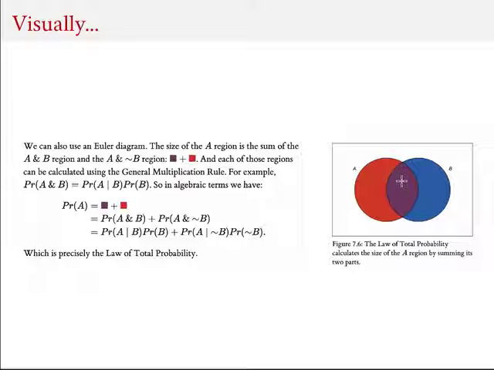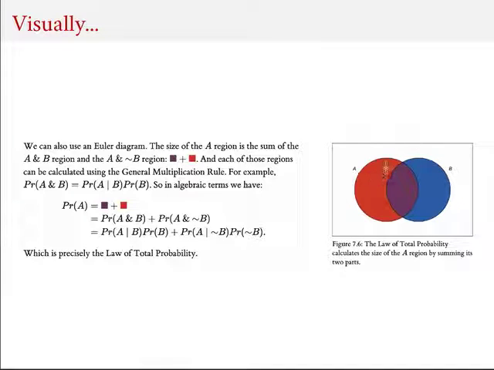So you can think of the purple region as the amount of B that A takes up, and you can think of the red region as the amount of not B that A takes up, where not B is everything outside of B's circle, this entire red and white space.